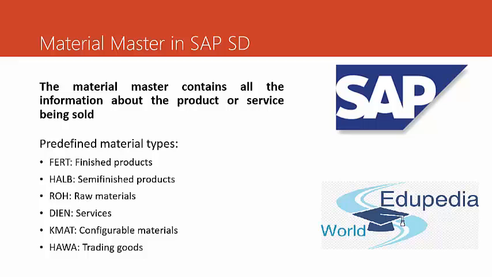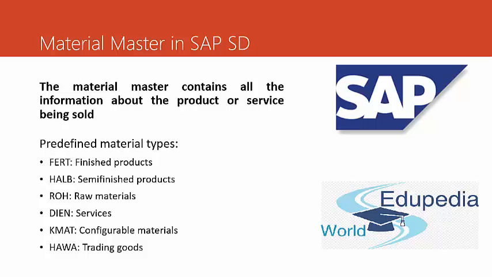SD-related data is structured in three views: Sales Organization 1, Sales Organization 2, and Sales General Plan. In our organization, we manage different types of materials, such as raw materials, semi-finished goods, and finished goods.